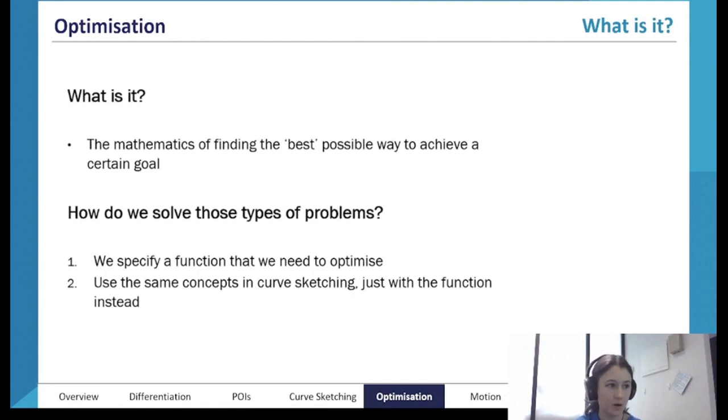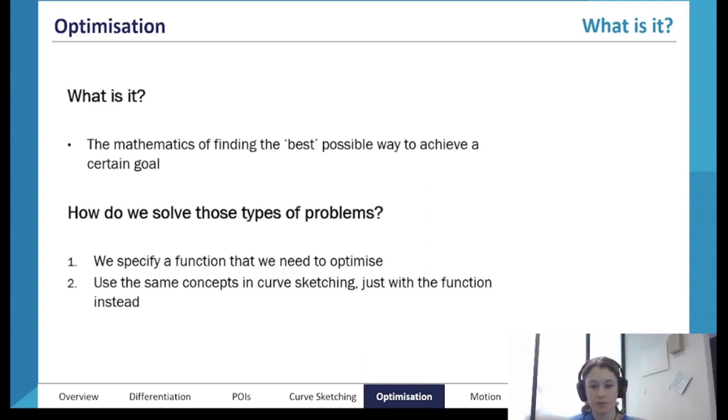The second part is to use the same concepts as in curve sketching, just with the function instead. So what we're going to need to do is use our derivatives to find stationary points and points of inflection and stuff like that to solve these kinds of problems.